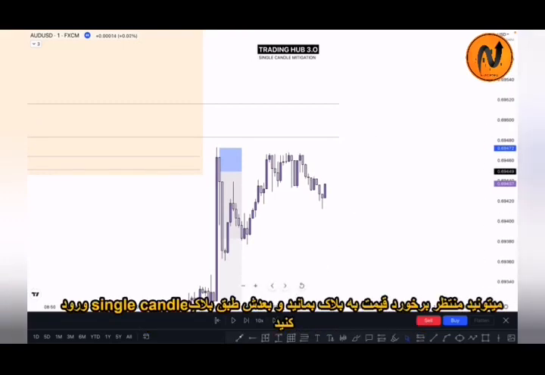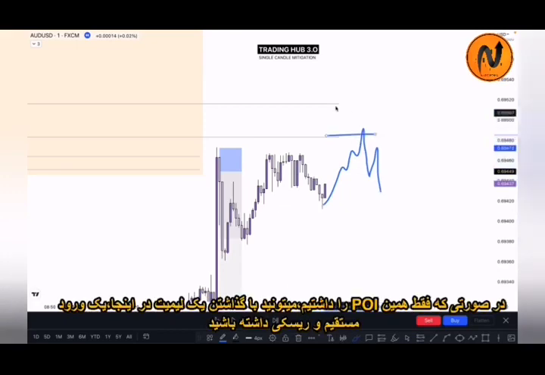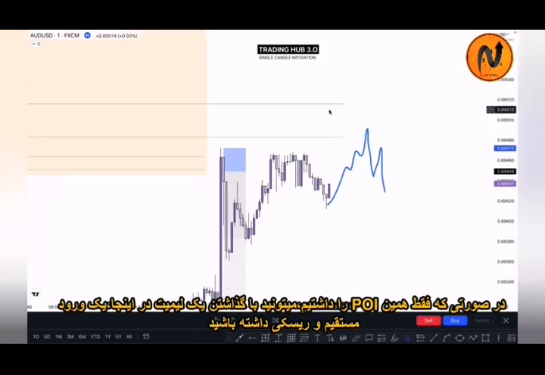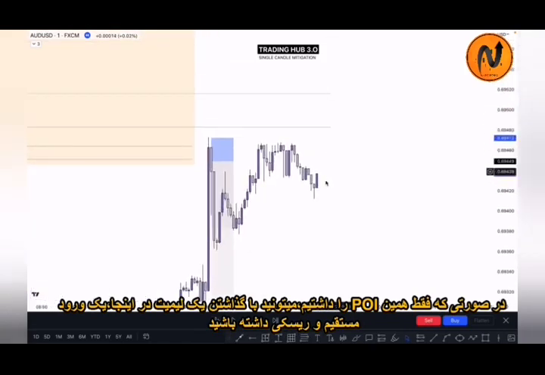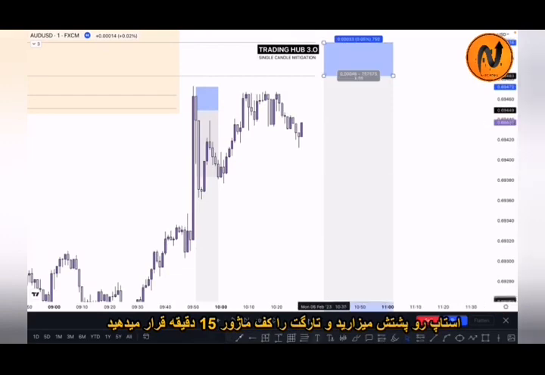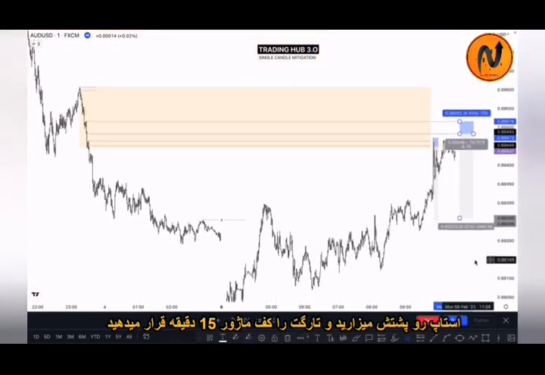Okay, so if price taps here, then you have to wait for it to mitigate this one, and at least wait for a single candle order block, then you can sell here. If you are willing to sell here directly, and for example this one is the only POI you have, then how can you sell here? In that case, you can directly sell at this price and simply place the sell limit here, put the stop loss just above it, and target the measured 15-minute low, which is here, correct?